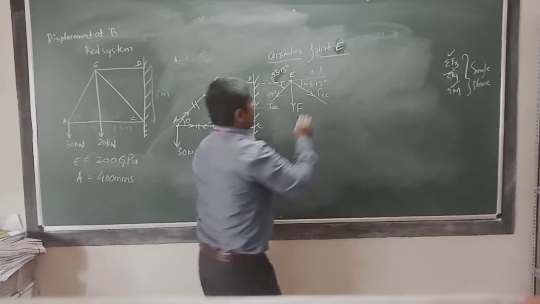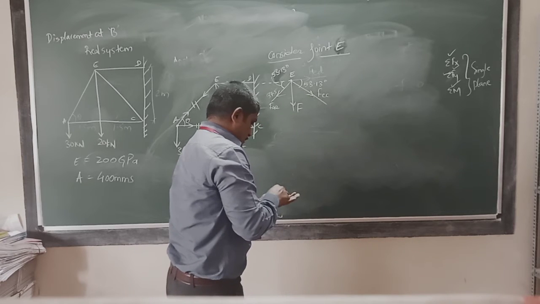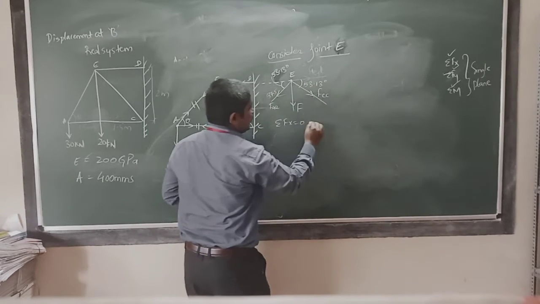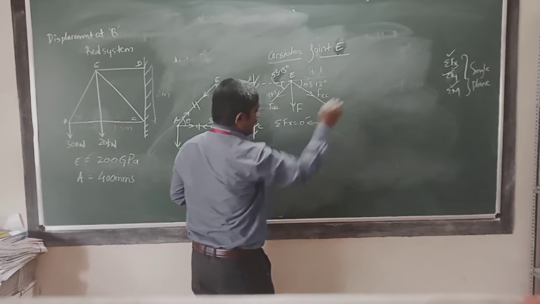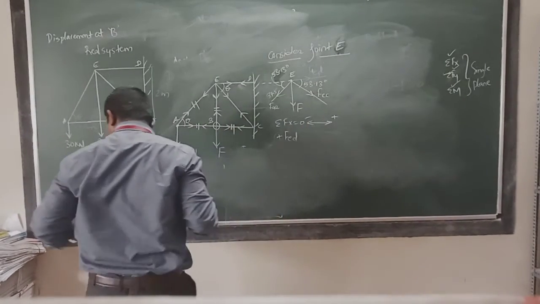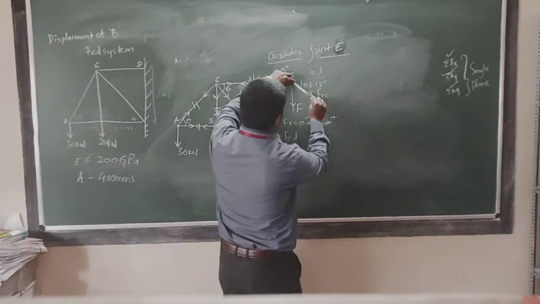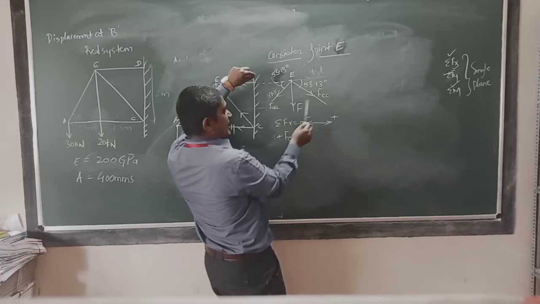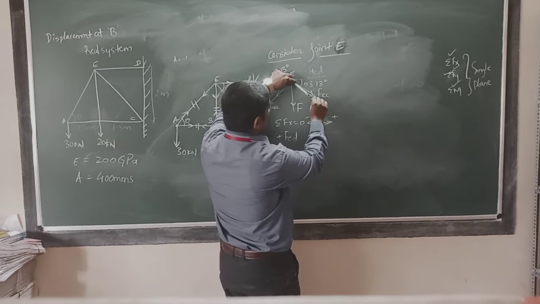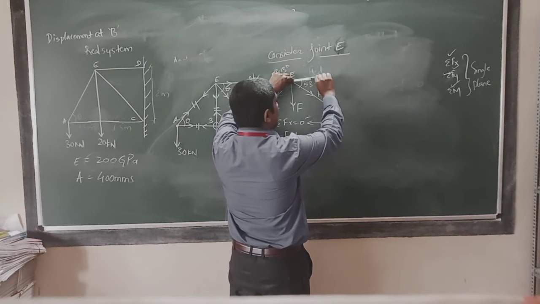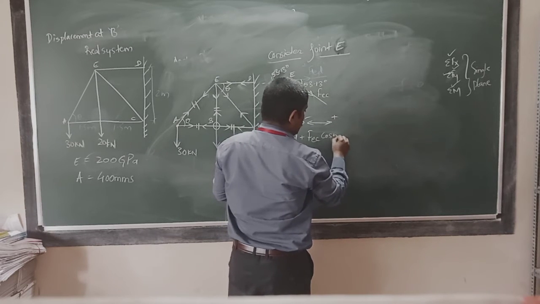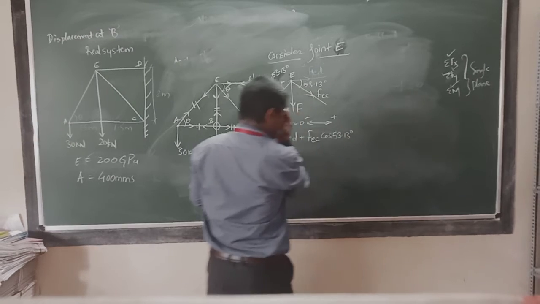Now we have to calculate FED and FEC. Summation of Fx is equal to 0. Which all forces are coming? FED in the right hand side direction is positive, FED plus. Then FEC is there. Because these two inclined forces are there, FAE and FEC, you have to keep it once vertical, once horizontal. Now we are working with horizontal. So when I keep it like this, it is rotating towards the theta and the direction is this side. So this will become plus FEC cos 53.13 degree.